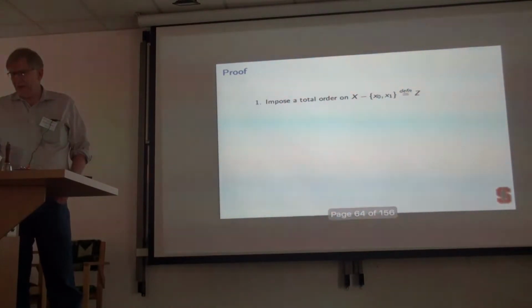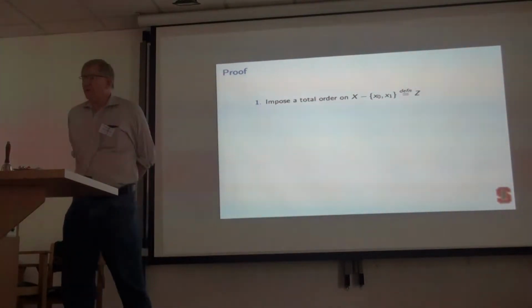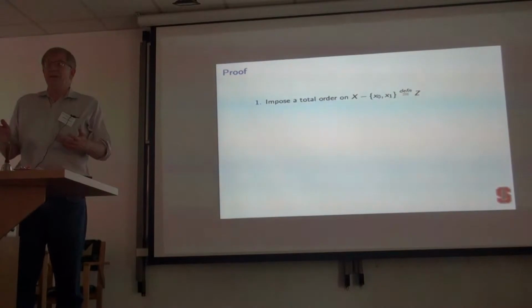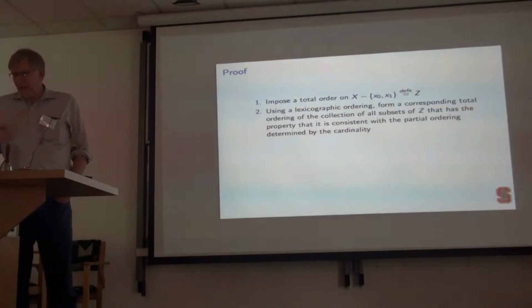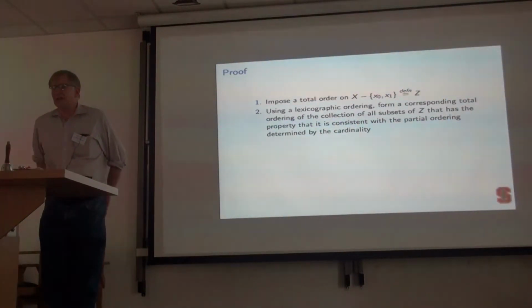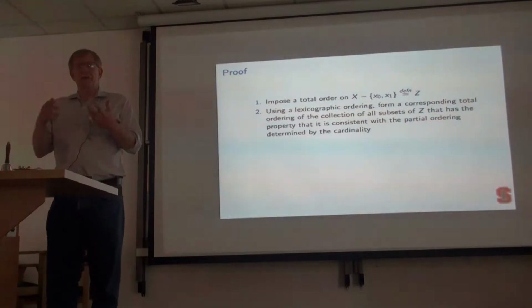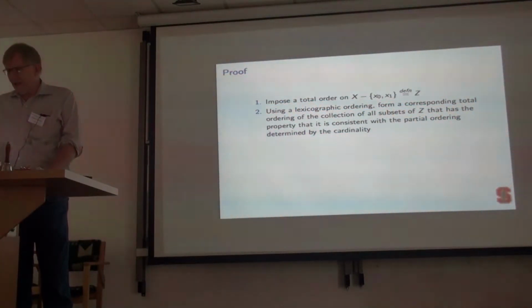Now, how do I build this collapse sequence? First of all, I'm going to impose a total order on x minus x0 and x1. Just choose one. Using a lexicographic ordering, form the corresponding total ordering of the collection of all subsets of these. There's a notion of a lexicographic ordering on subsets, and it has the property that it's consistent with the partial ordering determined by the cardinality.